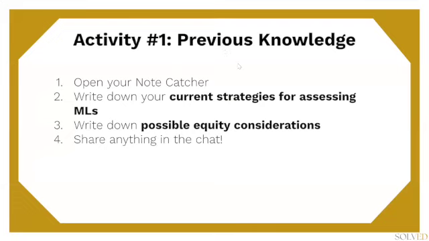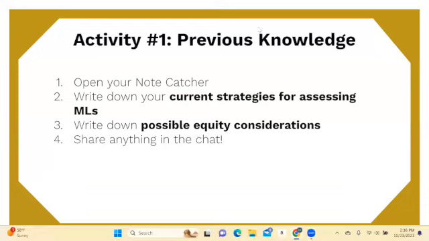Open up your note catcher in column 1 under essential question 1. If you can just write down what your current strategies are for assessing your multilingual learners. And then in column 2, just jot down any possible equity considerations that you have for that. So we'll take about 2 minutes.